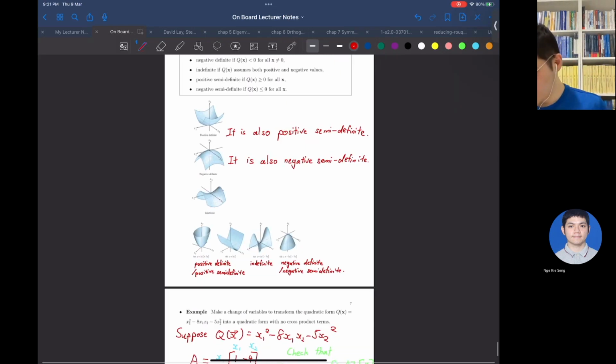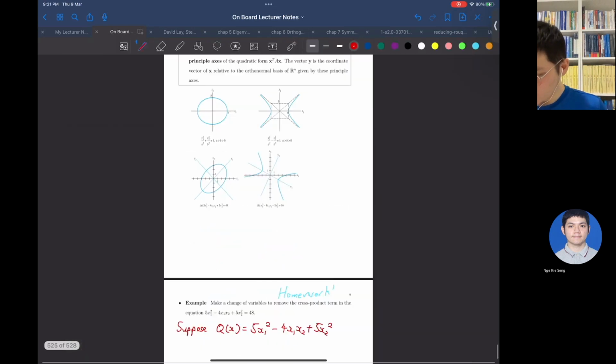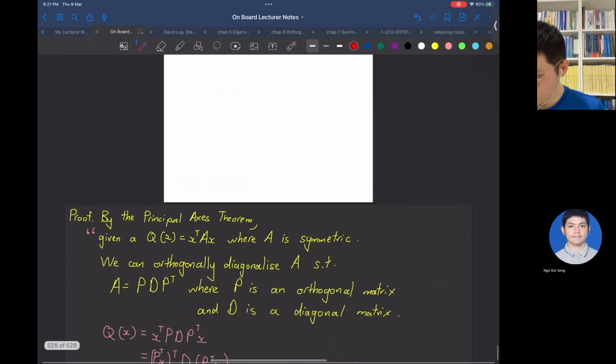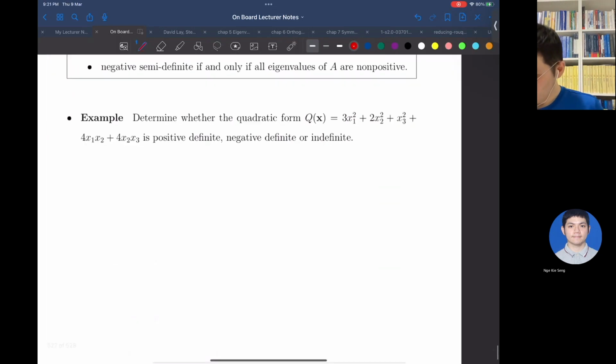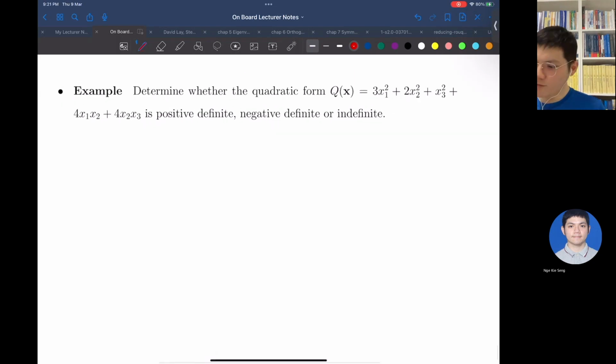Okay, all right. How about this question here? Can you determine whether this quadratic form is positive definite, negative definite, or indefinite? Can you see from the coefficients here?